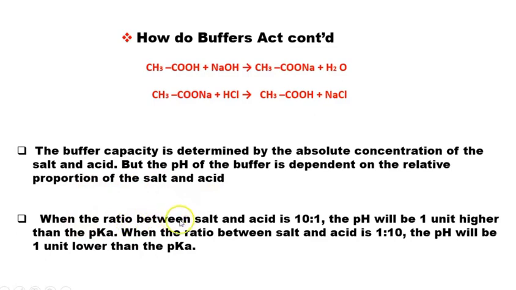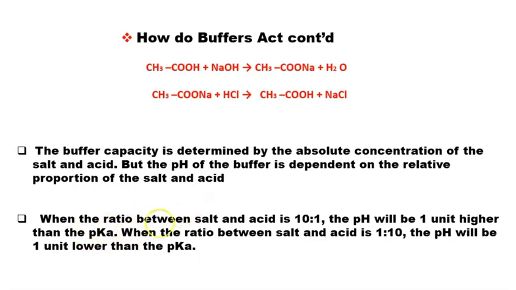So when the ratio between salt and acid is 10:1, it means your salt is 10 and your acid is 1, which will be 10:1. The pH will be 1 unit higher than pK. And when pH equals pK, it means your acid is equal to base.